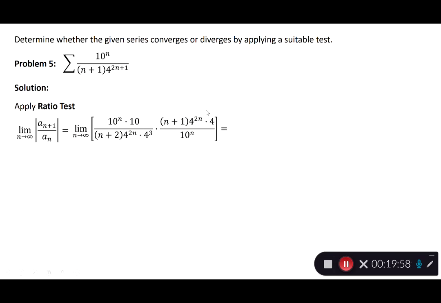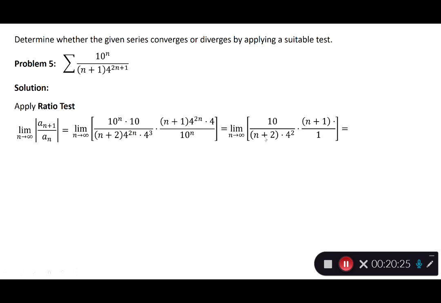The 4 to the 2n will cancel. 4 will go with 4 squared, and all of this just reduces to that. Please forgive me for the stray mark up there. Yeah, I think we're left with just 10 over 4 squared, 10 over 16, or 5 over 8.